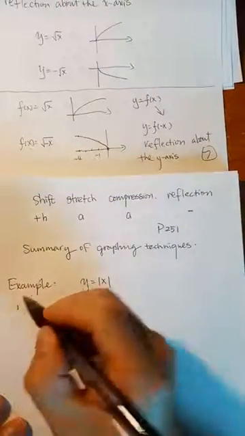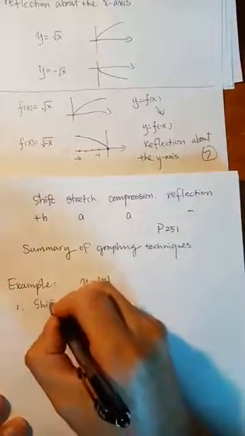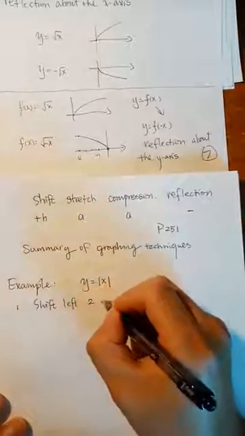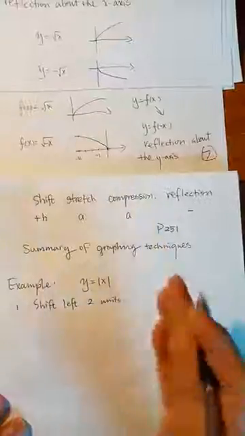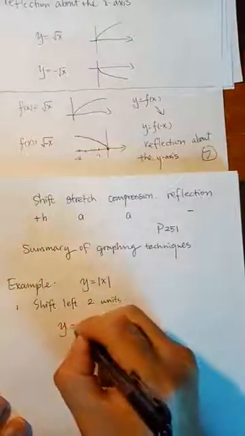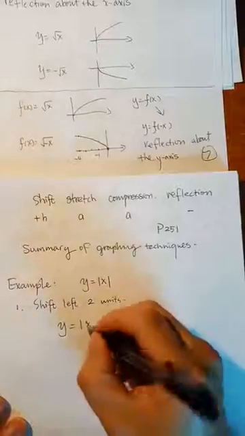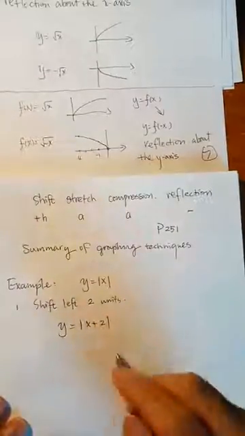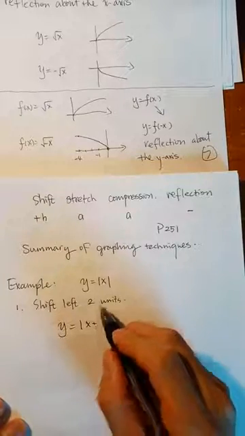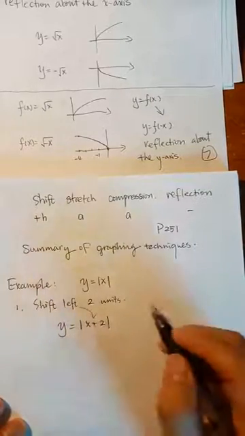Step 1, shift left 2 units. Shift to the left. Left to right is about x. So you get y equal to absolute value of x plus 2. Shift to the right is minus, shift to the left is plus.